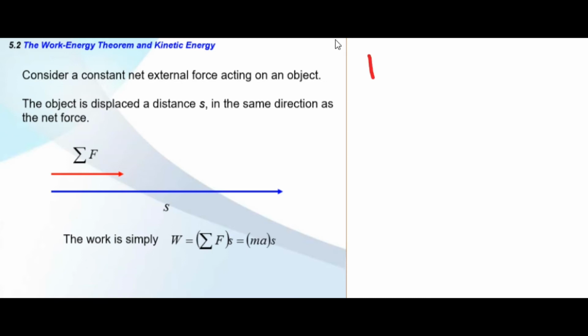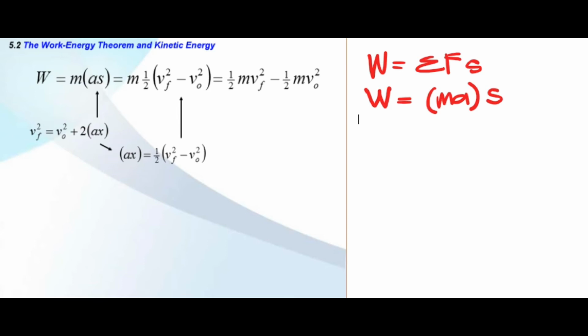Now, work is the summation of force times s, where summation of force is equal to the mass of the object times its acceleration, times the displacement. So this is now the work acting on the object. Work is equal to mass times acceleration times the distance.